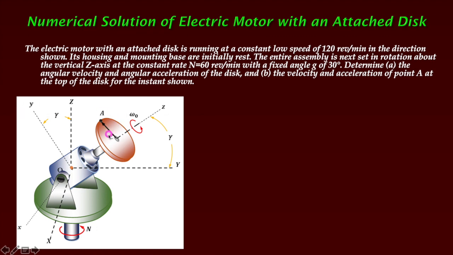Two different angular motions are due to this, and the overall motion is due to this n. Now we have to find out the angular acceleration of the disc, and the velocity and acceleration of a point A on the disc.